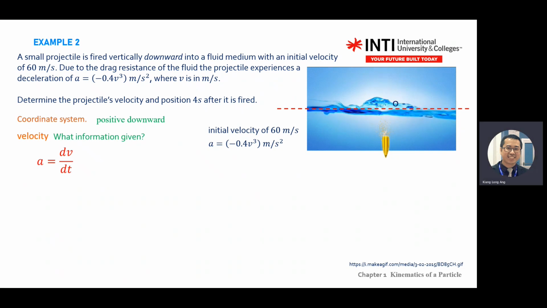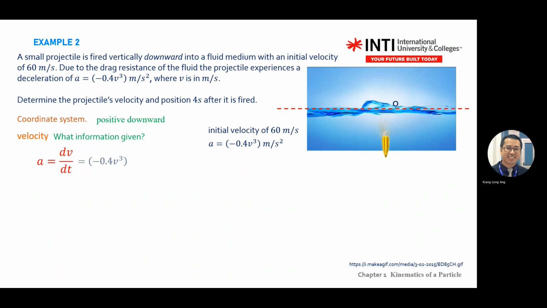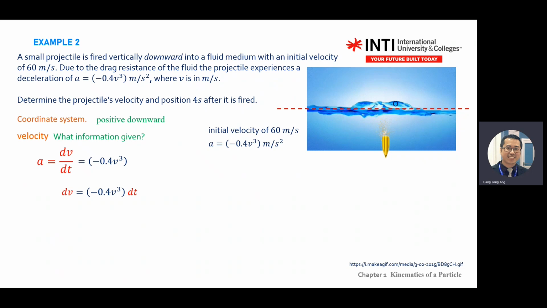Correct? What is the A? Minus V. So this one moves here. A dt, dv. You get this equation, correct? Yes.